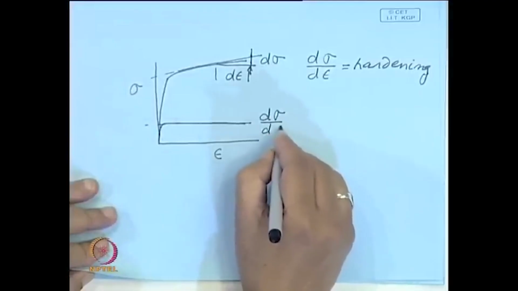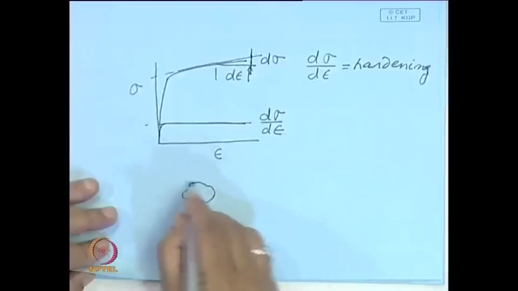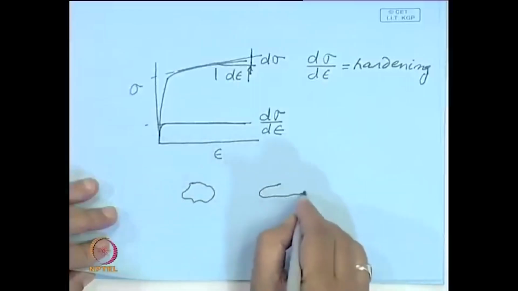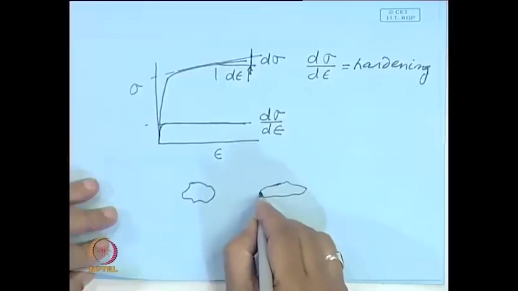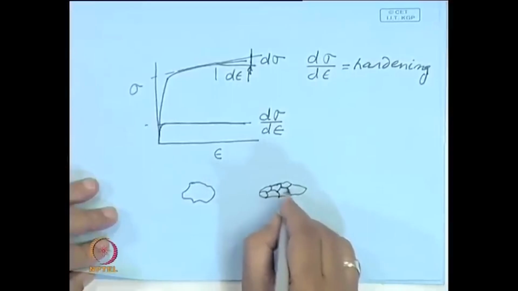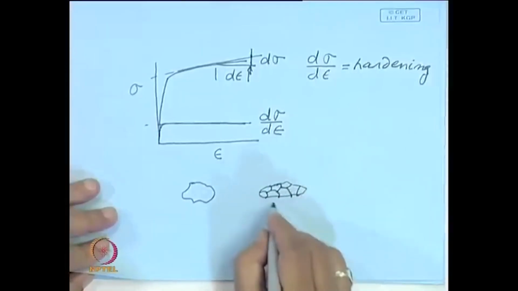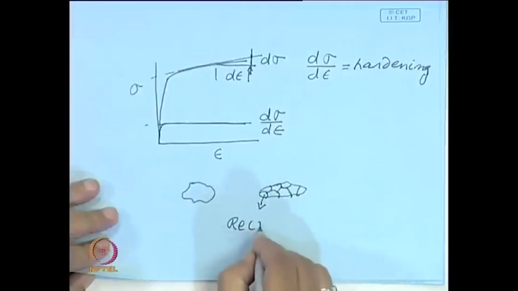So, what is happening is, as you deform a grain, you see it gets deformed, but at high temperature, because of the deformation, fresh grains nucleate and these are replaced by new strain free grains, and this process is known as recrystallization.